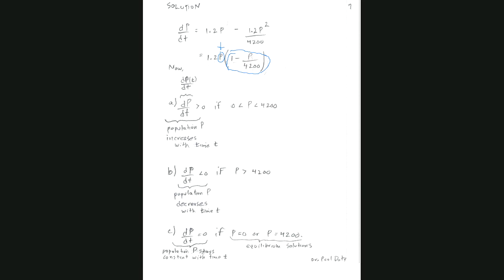Okay, and now we get to part C. Part C of the question asks, what are the equilibrium solutions? So what does it mean, I mean, what does equilibrium mean?